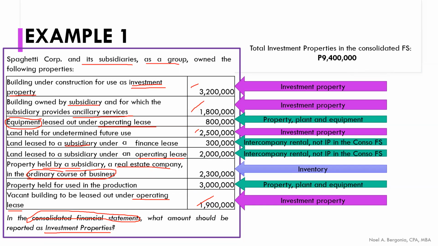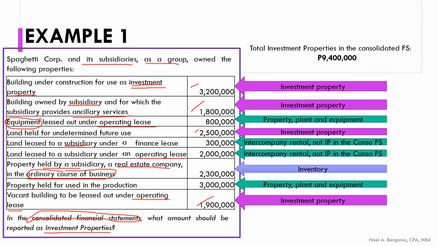Very good. Okay? So again, if you do have questions po, please let me know on our respective chat boxes. So this is the first example natin, a summary of the partial discussion about investment property. Okay? So I hope that that is clear ha. Again, kung may hindi po clear sa inyo, please let me know lang.